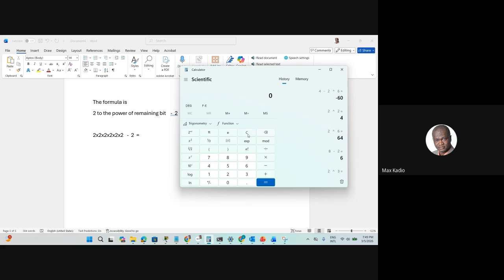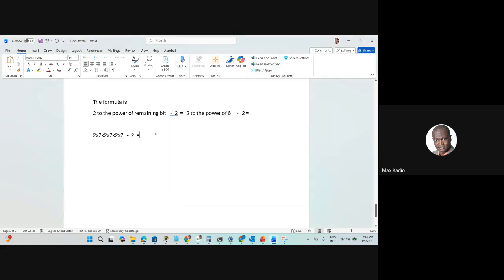Oh, sorry. You see, that's why it's good to clear. 2 to the power of 6, 64. Now 64 minus 2 means 62. So your answer is, per smaller network, we get 62 hosts.